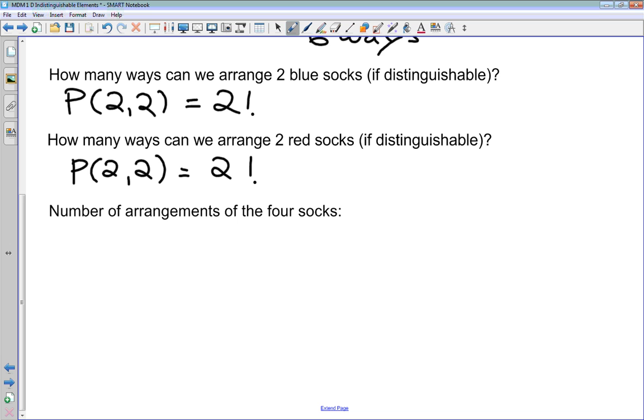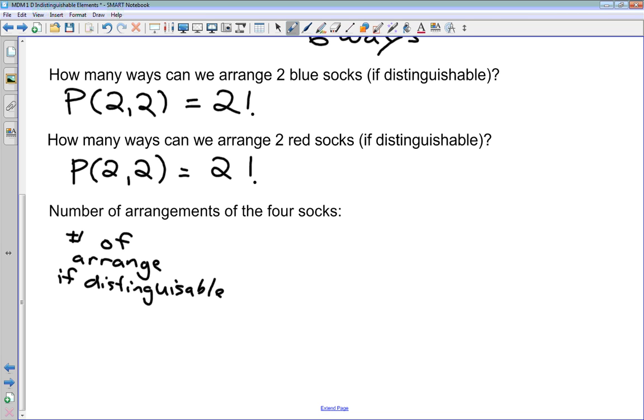We start with the number of arrangements if they were distinguishable. And I know I'm going to misspell distinguishable.